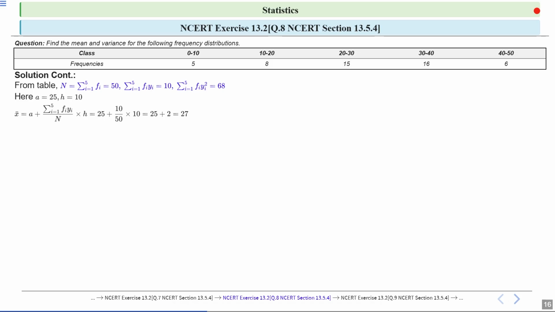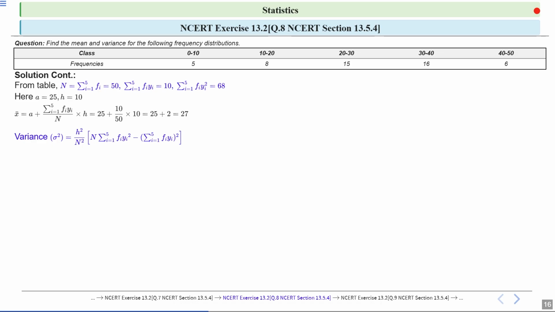Now let's calculate the mean using the step deviation method. The formula is mean equal to a plus summation from i equal to 1 to 5 of fi times yi divided by n, times h. After substituting the values of a equal to 25 and h equal to 10, we get x bar equal to 25 plus 10 times 10 divided by 50. And this is simply equal to 25 plus 2, which is 27.